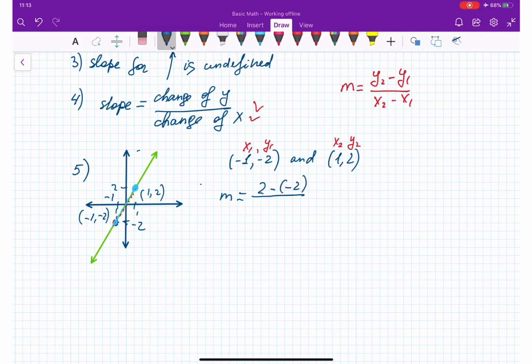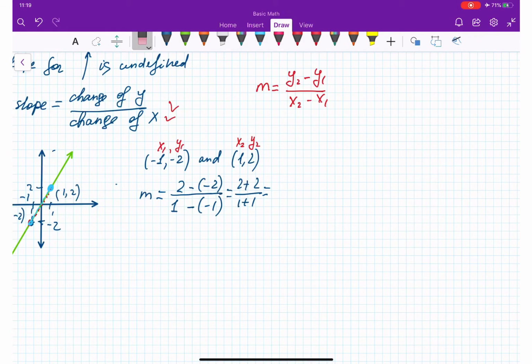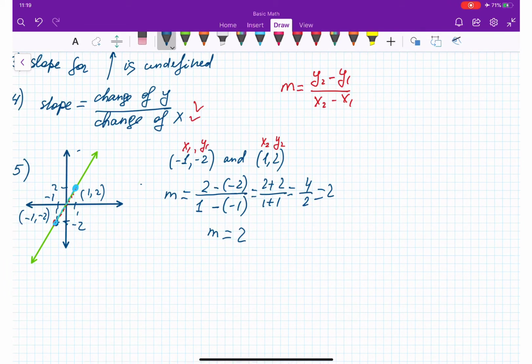And then x2 is 1 minus x1 is negative 1. And we get 2 plus 2, and we get 1 plus 1. So 4 over 2. And m is equal to 2. So the slope for this graph is 2.